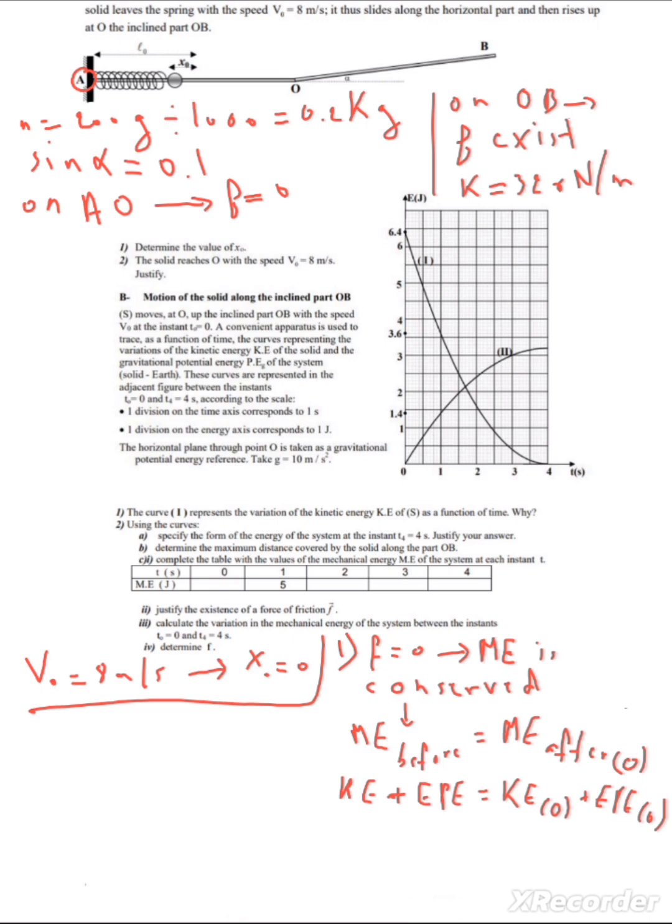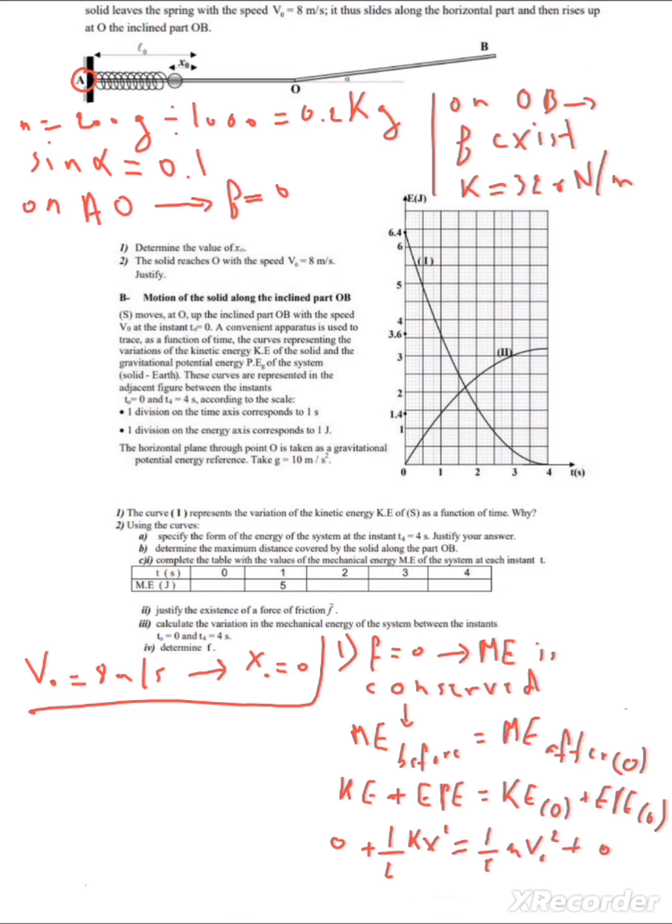So we neglect the gravitational potential energy. Before, kinetic energy equals 0, so we have only elastic potential energy. Kinetic energy after equals half m v0 square, plus EPE after equals 0 since x at O equals 0, free length.